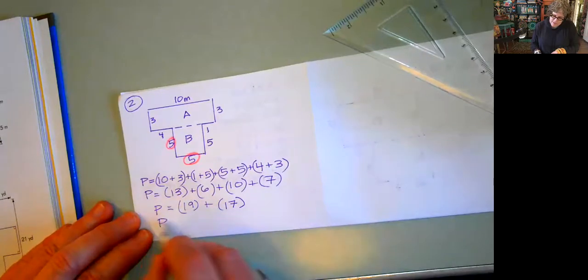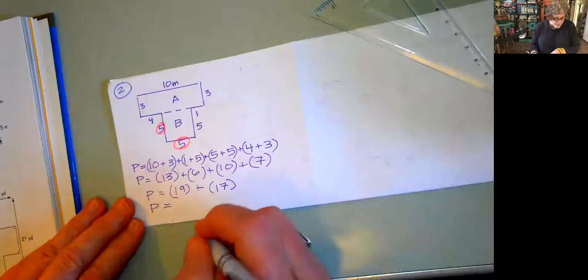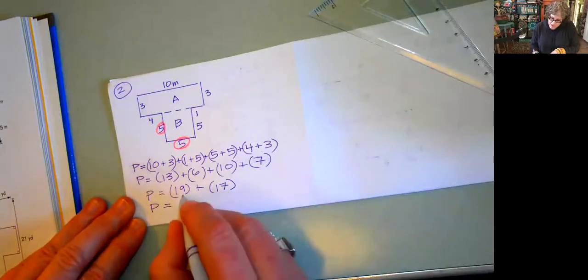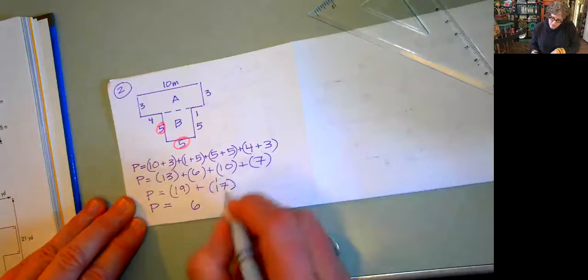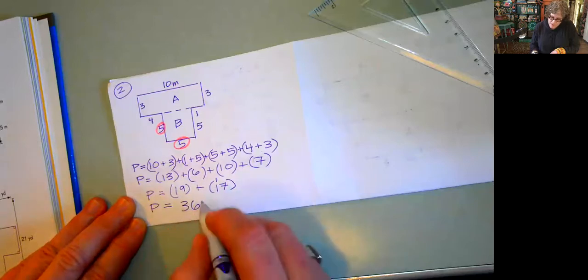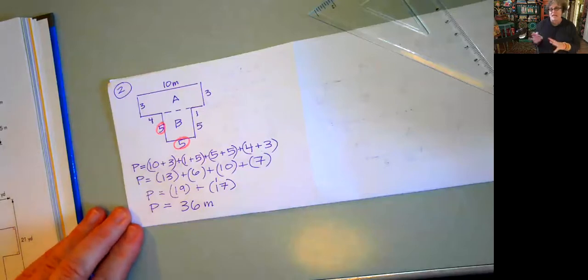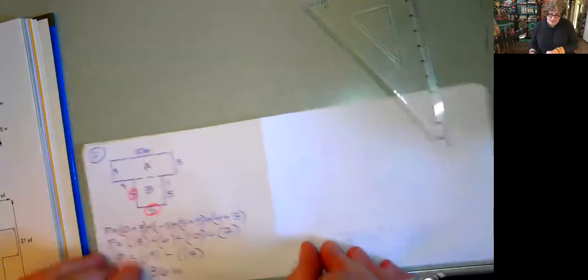And when I add those together, I'm going to get, let's see, 7 plus 9 in the ones place is 16. Regroup. 1 plus 1 is 2 plus 1 is 3. So I get 36 meters is my perimeter. Okay, I just added all the sides together. Now we've got to find the area.